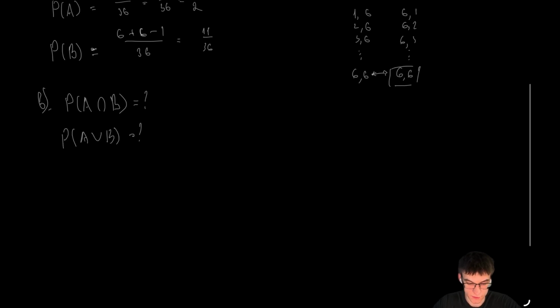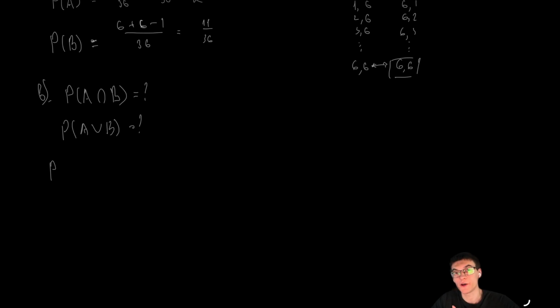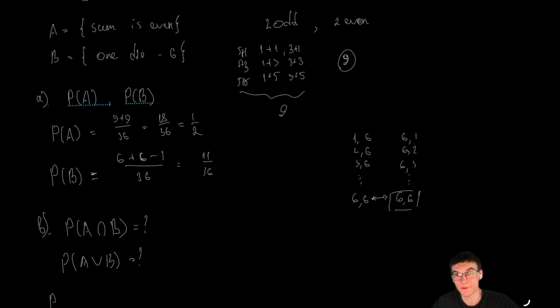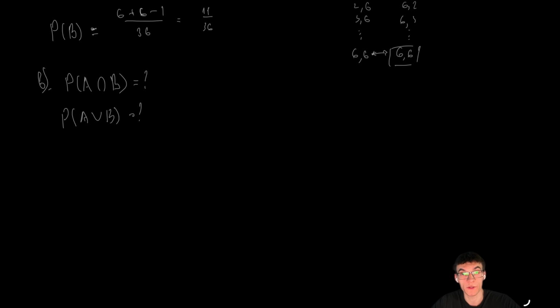How to find those ones? First, we have to define what the intersection of those events means. If the first event happens, that means the sum of the outcomes is even. But if event B happens at the same time, that means one of the dice is also 6. So in case one of our dice comes up with a 6, that means the second number should be even as well.